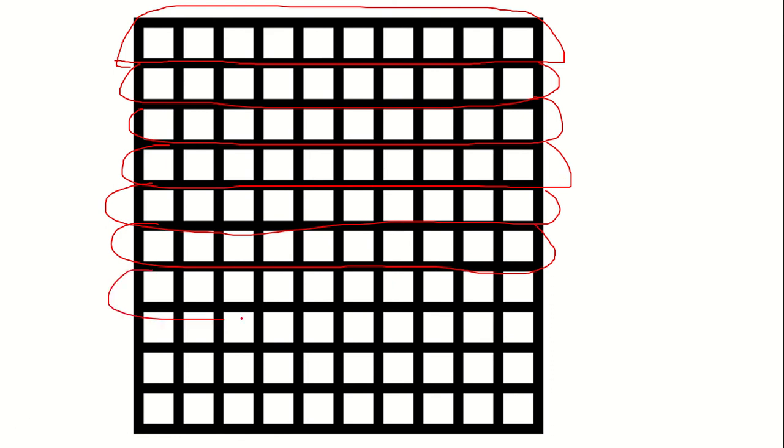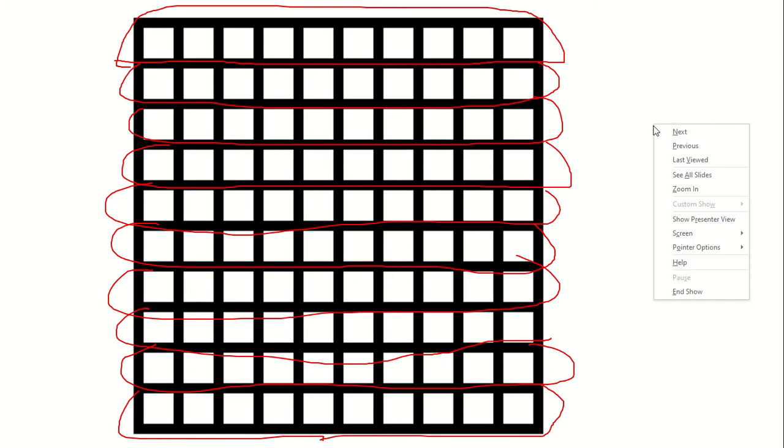So by cutting them up in this manner, I now have exactly 10 groups. There are exactly 10 groups and they're all exactly the same size.